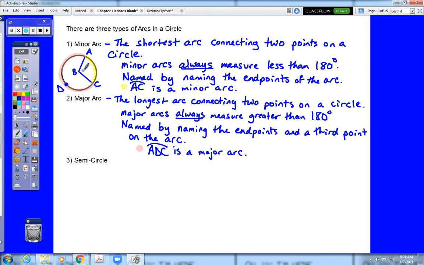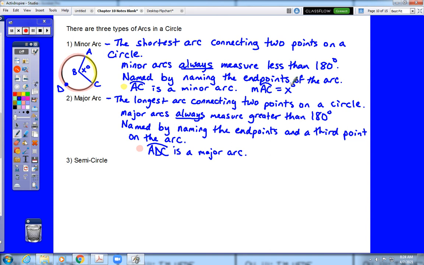So, we said before that the measure of an arc is equal to its central angle. Yes? So if that central angle is x degrees, what's the measure of arc AC? It would be equal to that central angle, yes? Okay, if this angle is x degrees, then AC is x degrees.